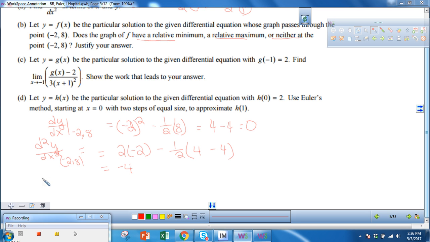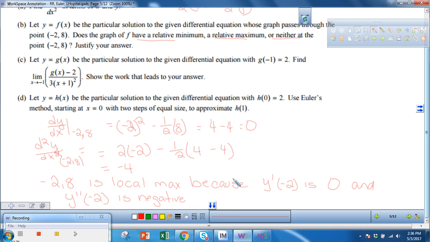So you have to say that -2, 8 is, they use the term relative, local and relative are the same, a local max because y prime at -2 is 0 and y double prime at -2 is negative.